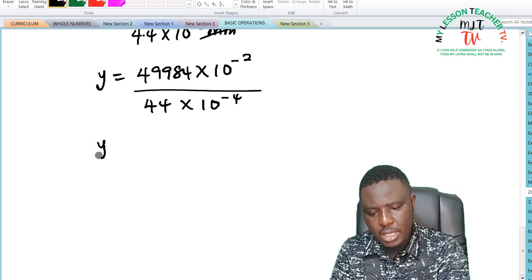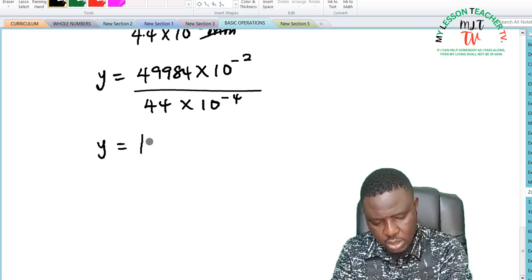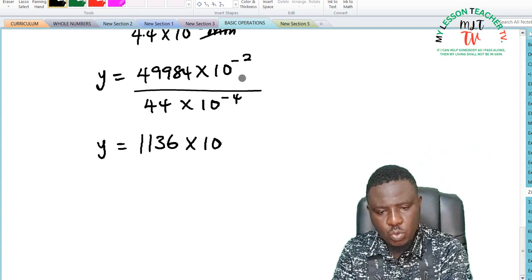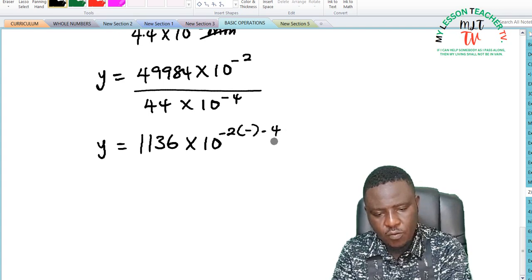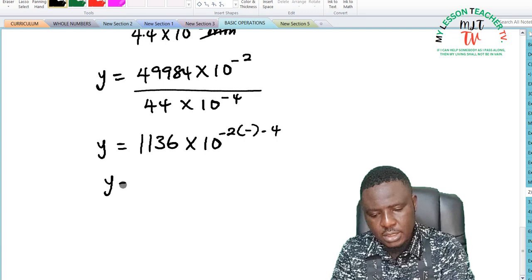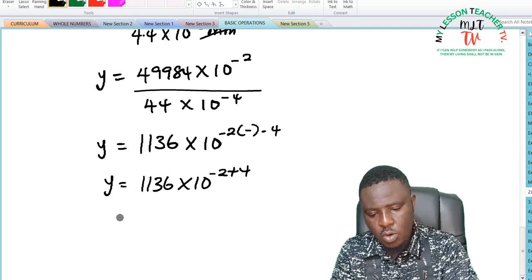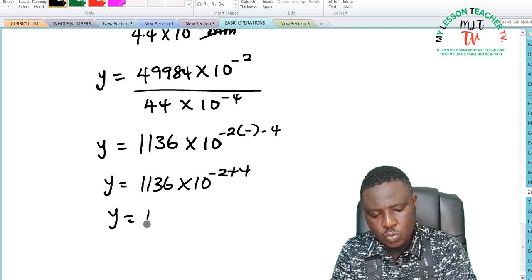So that y is equal to 1136 times 10 raised to the power of minus 2 plus 4, because this is minus 2 minus minus 4. Y is equal to 1136 times 10 raised to the power of 2.